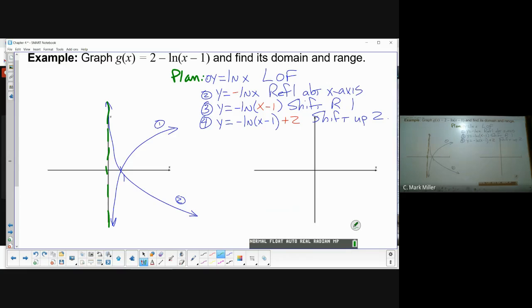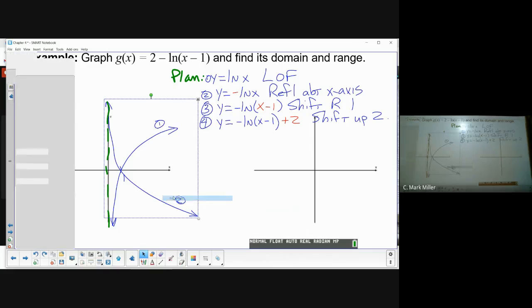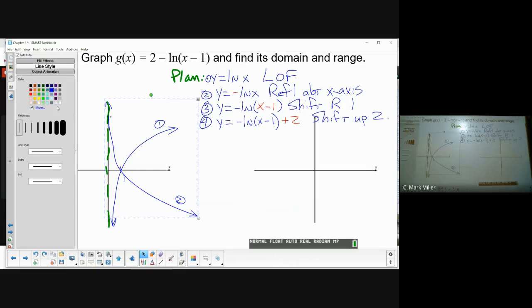Now, my advice is to shift the features of the graph and then draw the graph. So I'm going to shift this. I am going to change the color. This guy right here, let me change that to something that doesn't get much love. Oh, that's too light. Can't see that. How about brown? There we go.